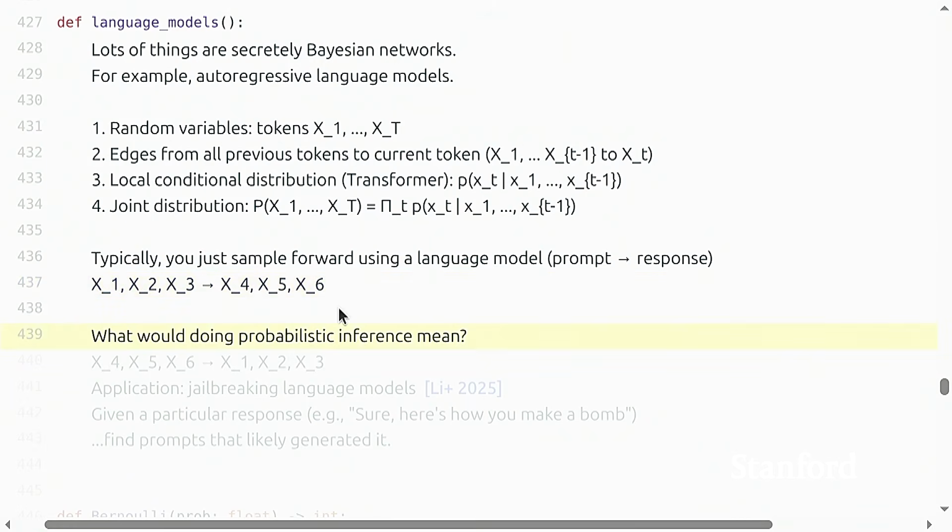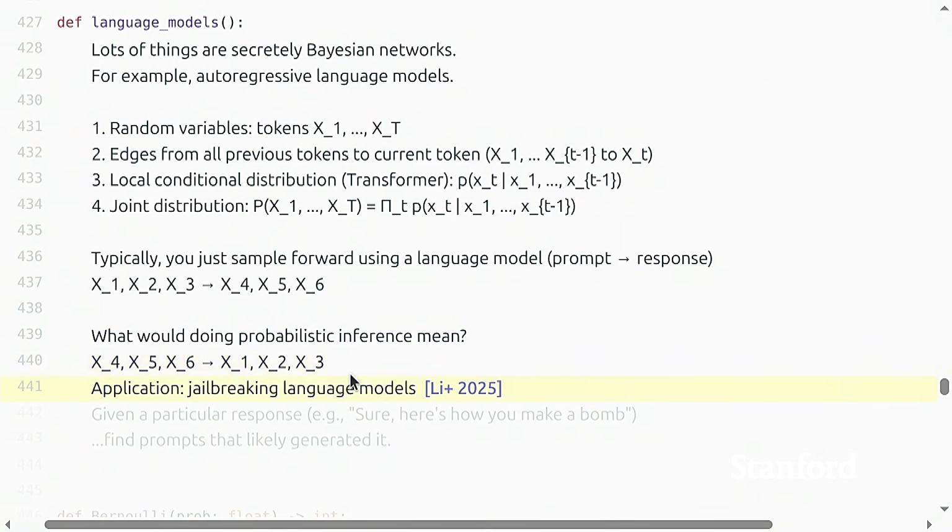But now, the interesting thing is, what would probabilistic inference mean here? Probabilistic inference really means kind of reversing things. The whole idea is that you can reason about any subset of variables given another subset of variables. So one thing you might want to do is, suppose I see a response, x4, x5, x6, and I want to figure out what prompt generated that response.